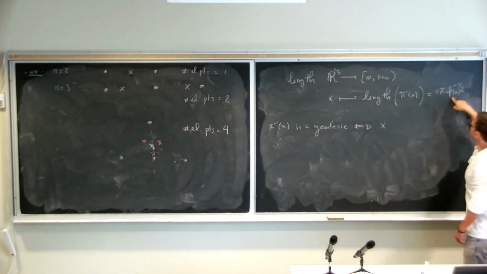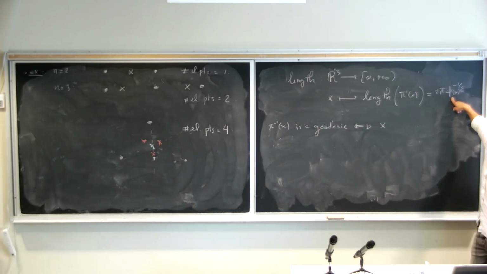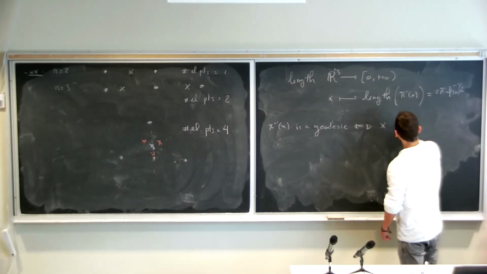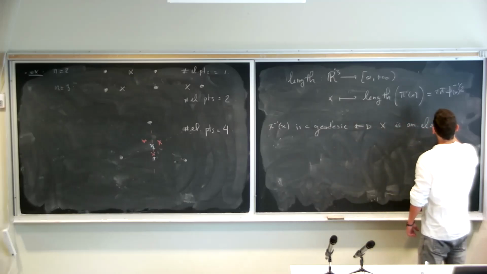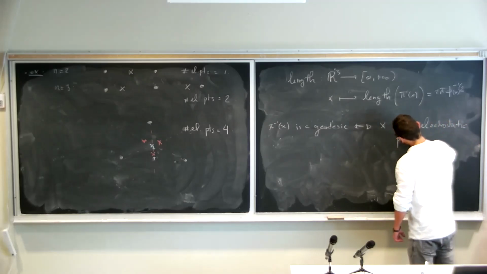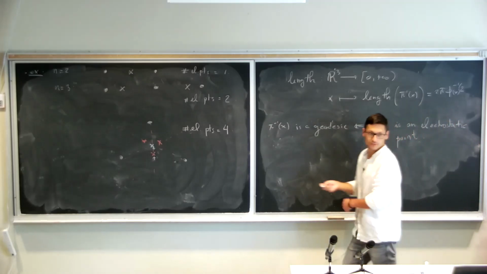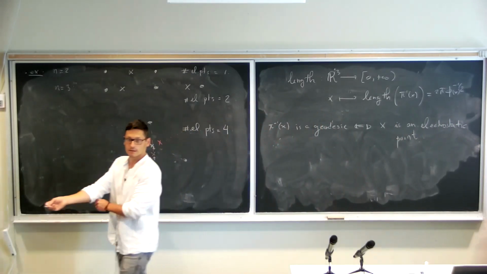And the critical point of phi to the minus 1 half is the same as the critical point of phi, which is the same as an electrostatic point. If and only if x is an electrostatic point. So that's where the connection with the electrostatic points comes from.